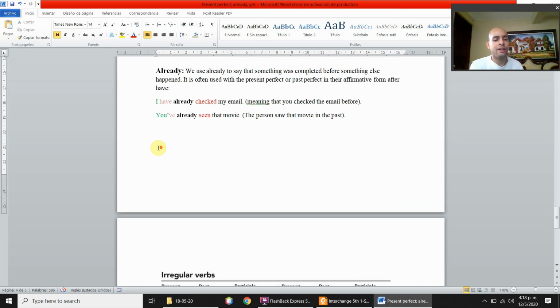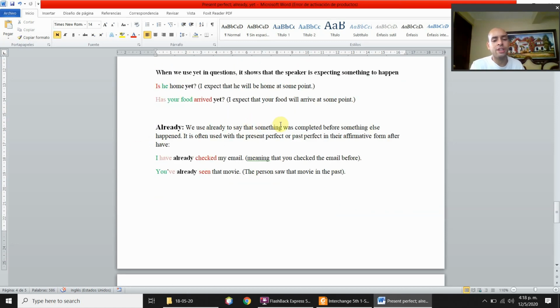So, with already, we use already to say that something was completed before something else happened. It is often used with the present perfect or past perfect in their affirmative form, after have.